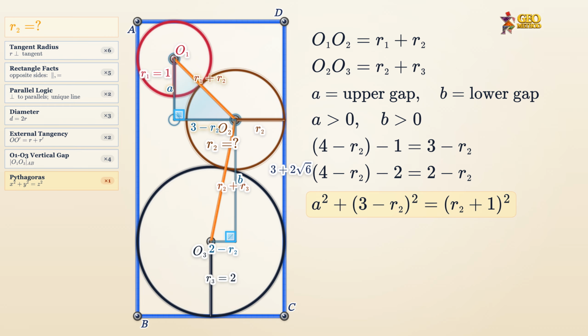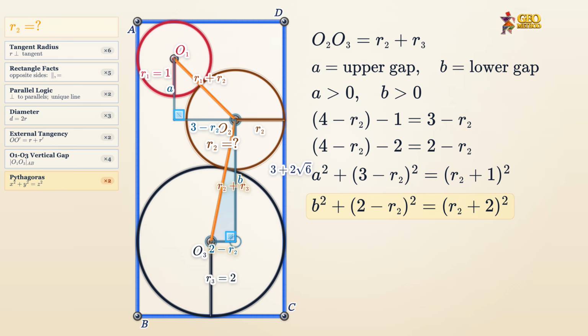Now apply the Pythagorean theorem to the first right triangle. Its legs are A and 3 minus R2. Its hypotenuse is R2 plus 1. Apply the same theorem to the second right triangle. Its legs are B and 2 minus R2. Its hypotenuse is R2 plus 2.